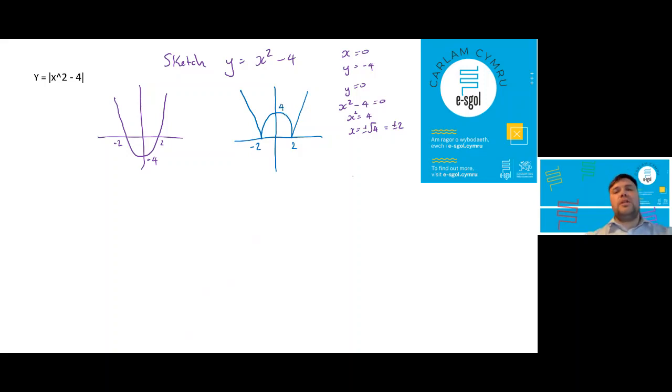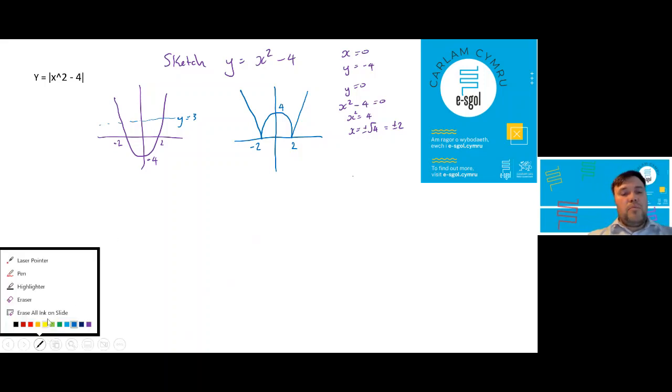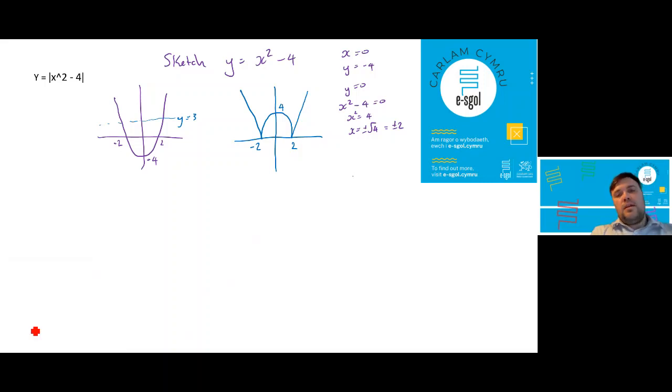When solving the equation, if we said, I don't know, this was when y is equal to 3, with this dotted line here, you're going to have 2 roots for it, where they cross, or 2 intersections. If you've got y equals 3 for the modulus one, then you're going to have 4 different values, which is why it's important sometimes to sketch it or use the technique of solving equations, which I'm going to show you on the next slide.